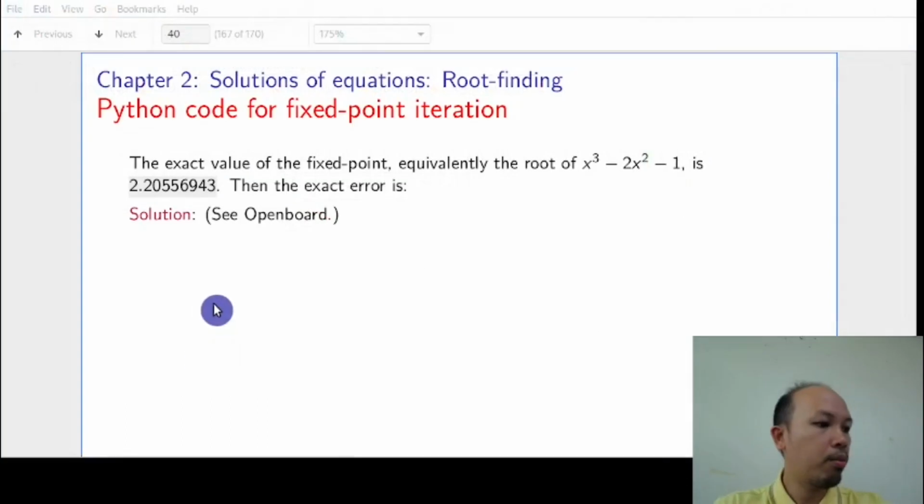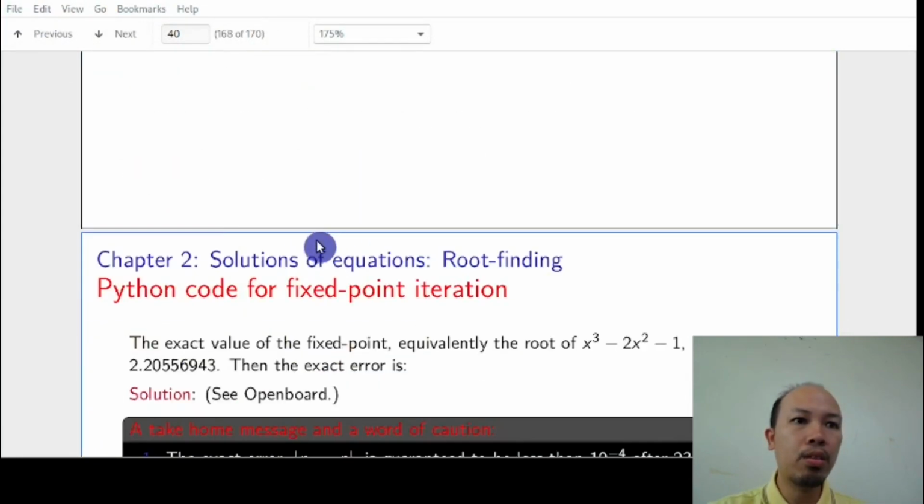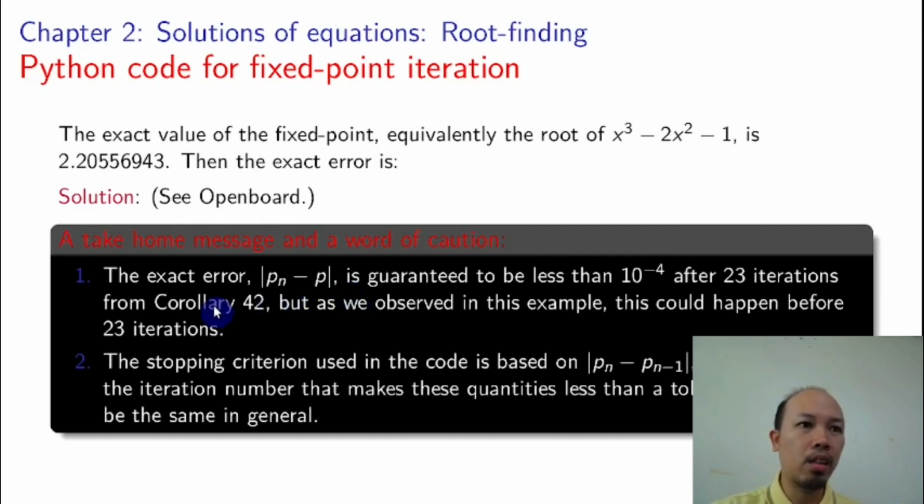Let's go back to F1 and then notice also that this message here, the exact error p sub n minus p is guaranteed to be less than, as I've shown you, after how many iterations, okay, from corollary 42.